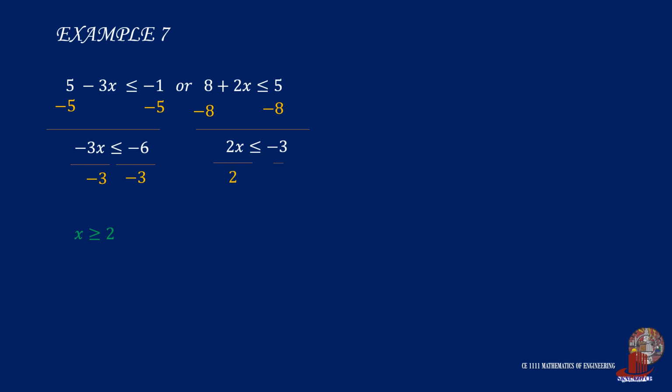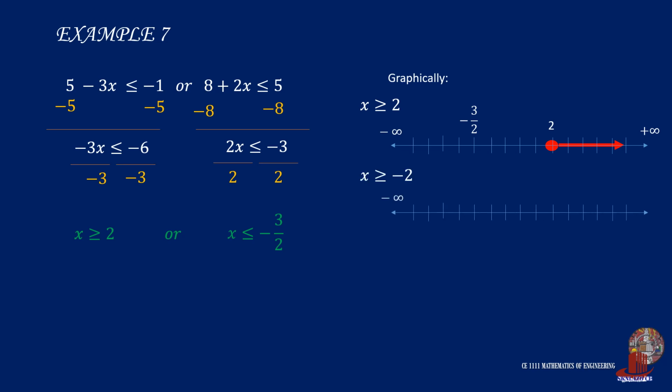Then isolate x by dividing by 2 to have x as less than or equal to negative 3 halves. In the graph, we draw the first inequality with a filled dot on positive 2 with an arrow pointing to positive infinity. The second graph has a filled dot at negative 3 halves and an arrow pointing to negative infinity.